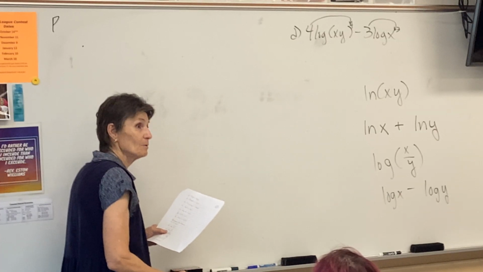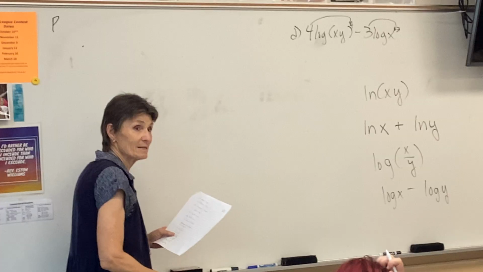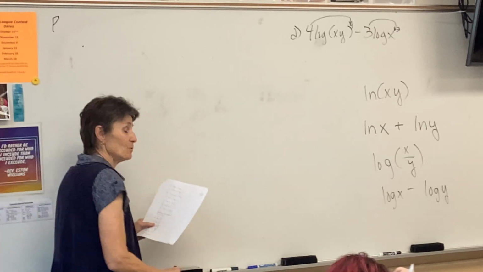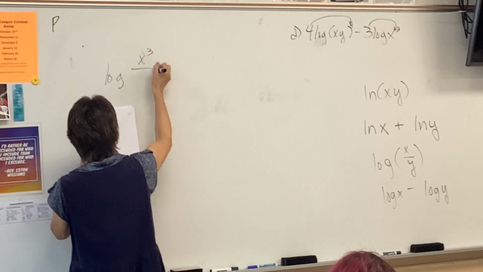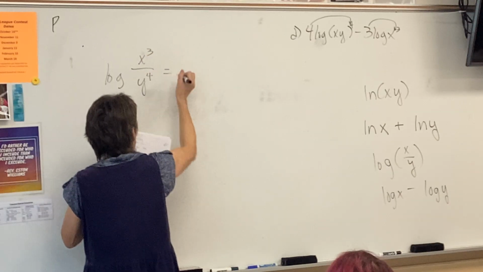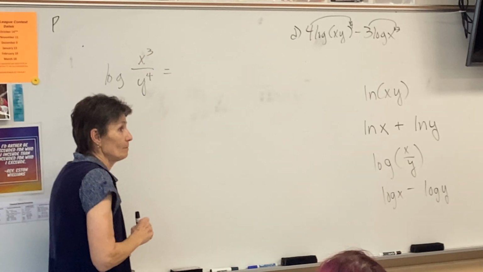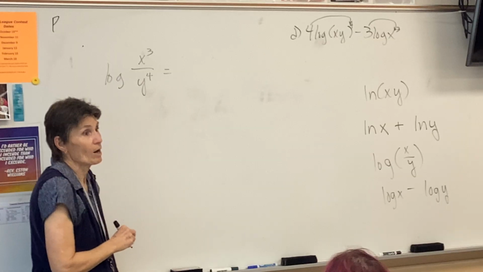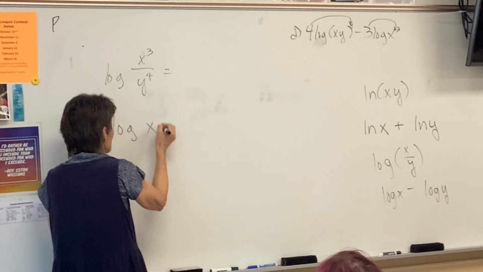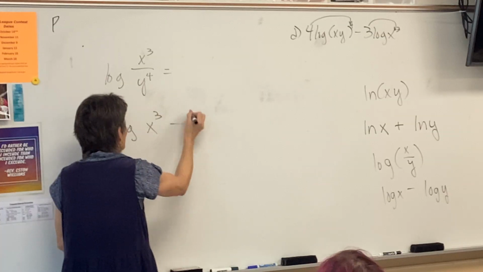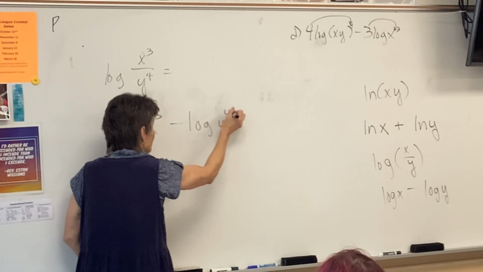You are exactly right. So if that makes sense to you, if you've got that, awesome. If you don't, let's walk through it here. First of all, would you agree this is gonna be a subtraction problem? Yes. So it's gonna be the log of x cubed, the log of the top, minus the log of the bottom.